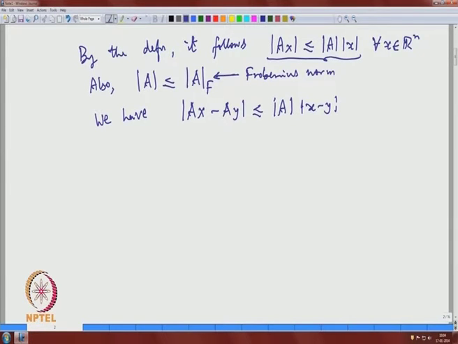More is true. So, suppose A of t is a matrix valued function of t in some interval.